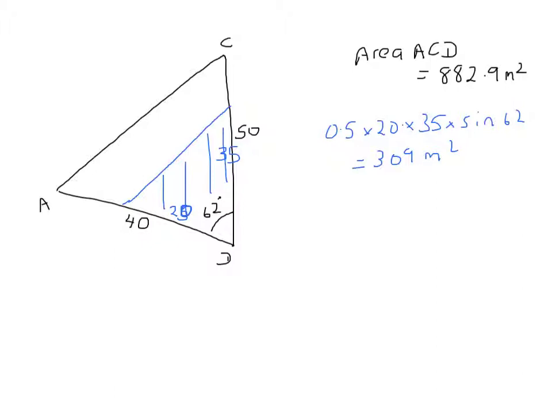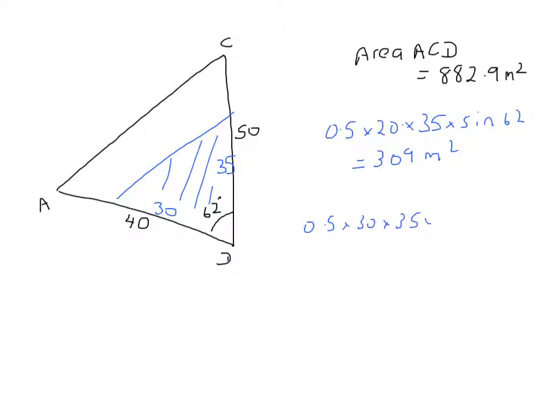Now that's not quite big enough, so let me try. I'll make the triangle a bit bigger. And let's see, let's make this side 30 and this side 35. So this area is then, if you work that out, 0.5 times 30 times 35 times the sine of 62.